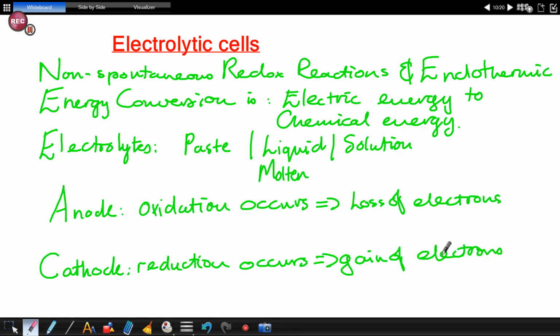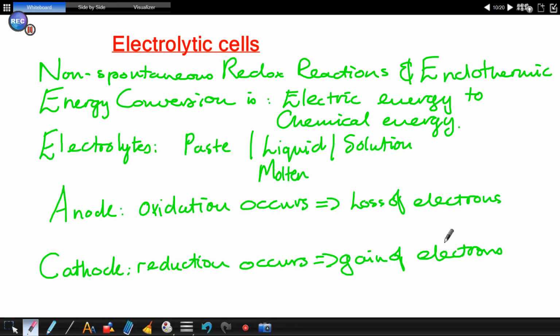Now, in the galvanic cells, the place where oxidation occurs gives off electrons, and that electrode is classified as negative. The electrode where reduction takes place takes in those electrons, so that electrode is classified as positive.